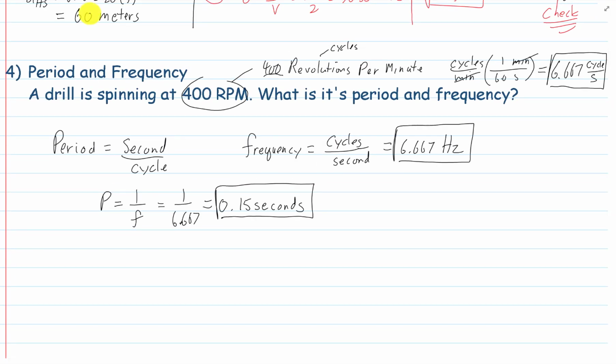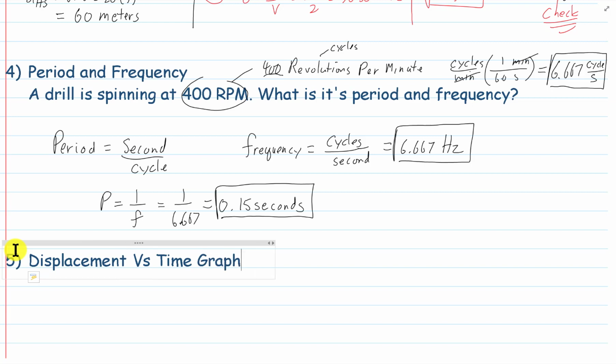Number 5 is displacement versus time graphs. And we go a little bit further into here. We do position time graphs.